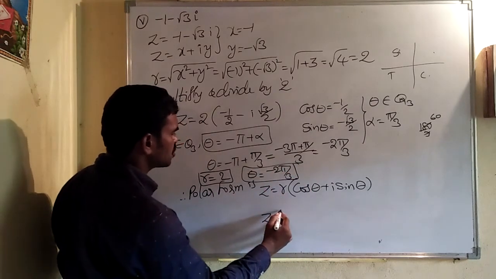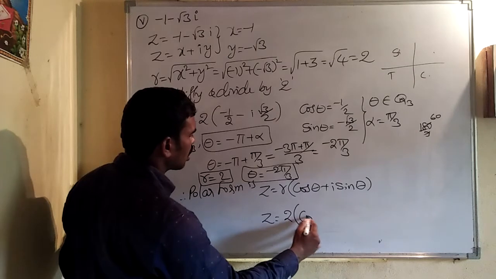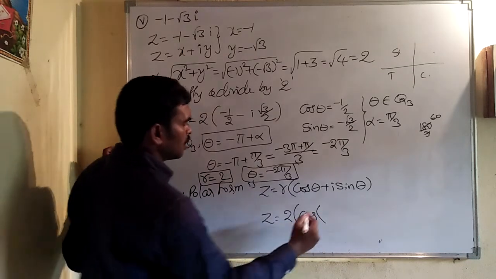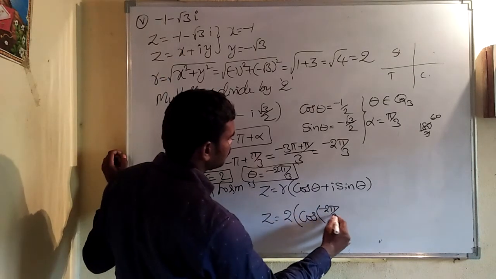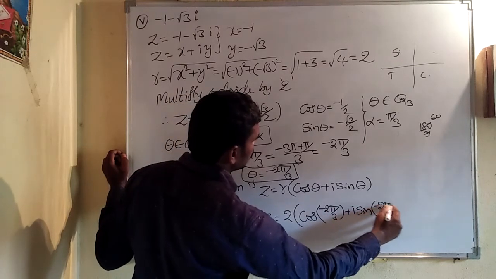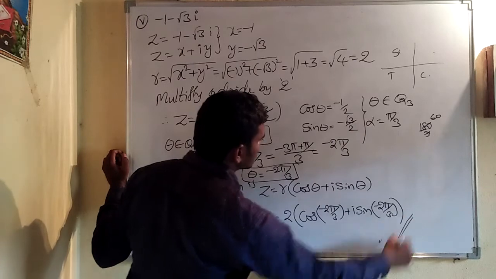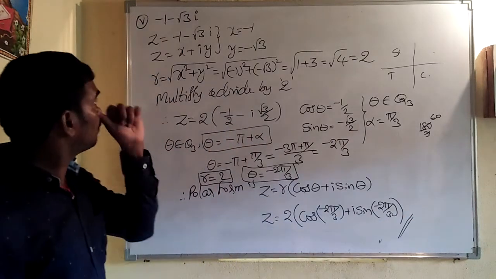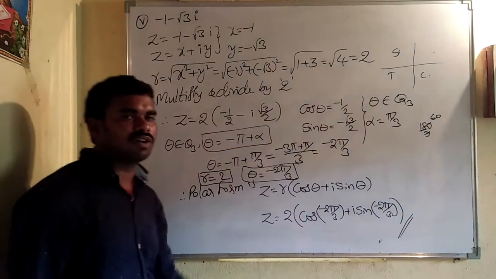So substituting, z equal 2 into cos minus 2 pi by 3 plus i sin minus 2 pi by 3. This is the solution of minus 1 minus root 3i in polar form.